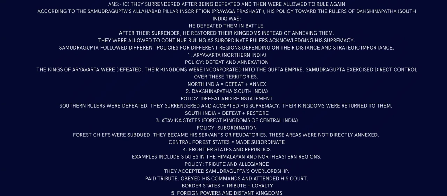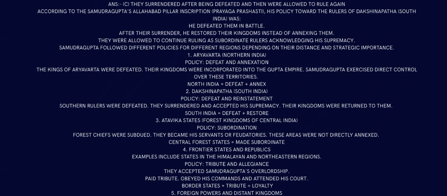Samudragupta followed a different policy for different regions depending on their distance and strategic importance. Like I said, South, North, and Central all had different strategic importance, and Samudragupta formed different policies for them. Number one is Aryavarta, that is northern India. The policy was defeat and annexation.